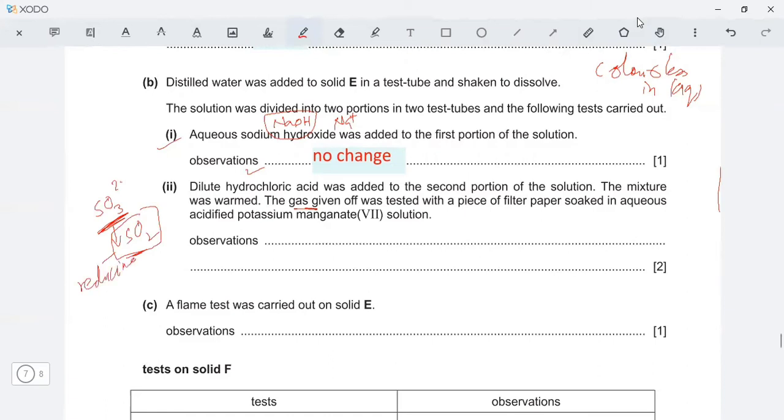So sulfur dioxide gas is a reducing agent. That sulfur dioxide will be produced here. So what you find is that the sulfur dioxide will make the potassium permanganate color change from purple to colorless.